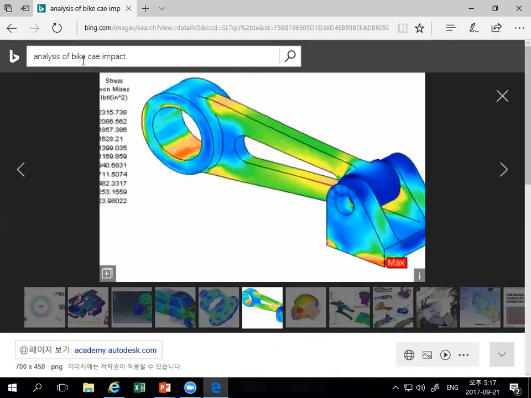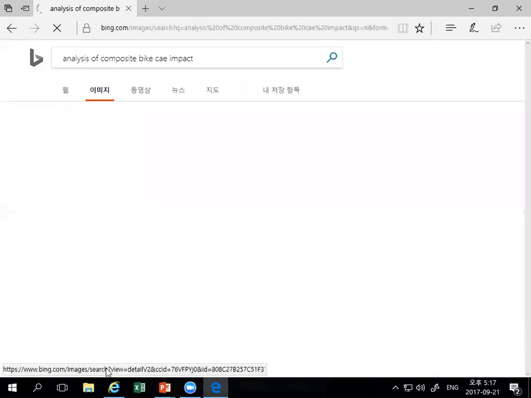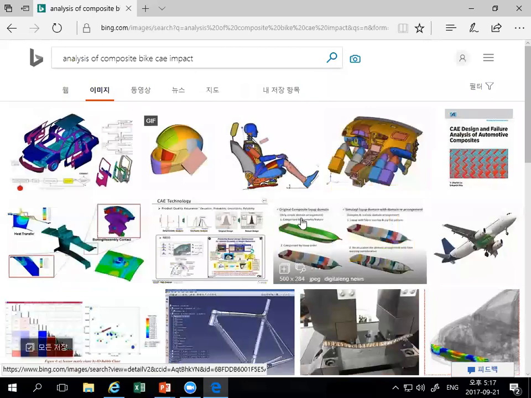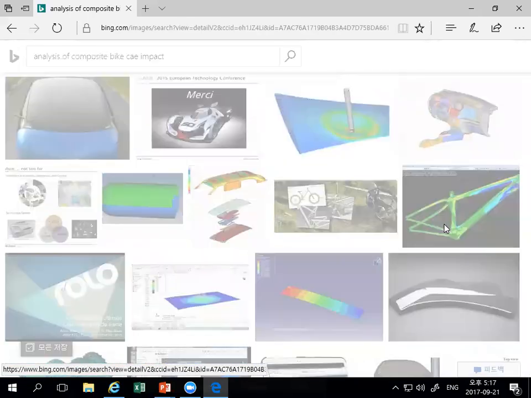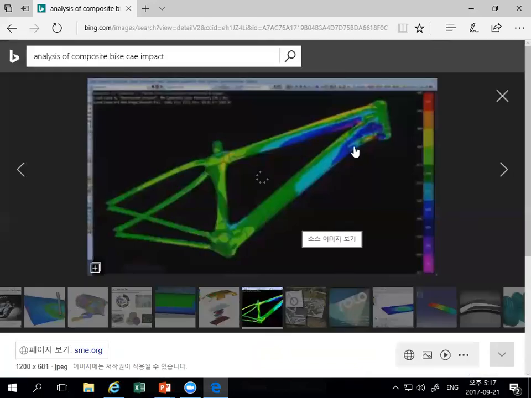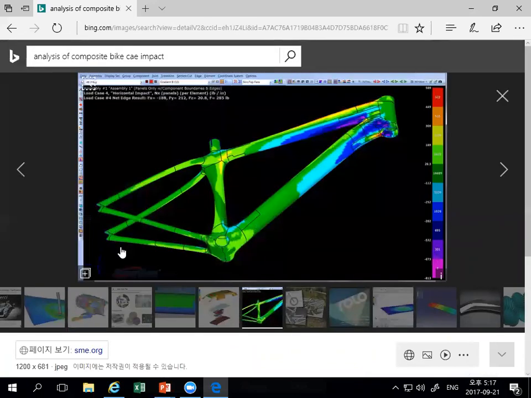Okay, this is a bike. This is the rear wheel, right? And this can be a fork and another one.